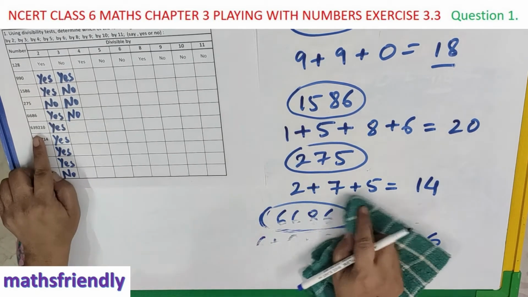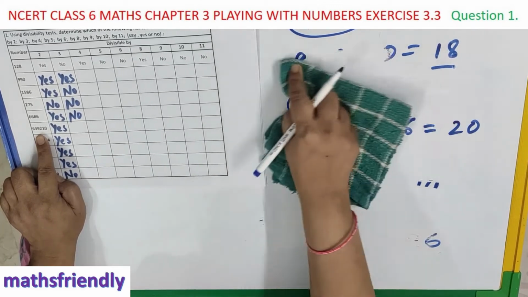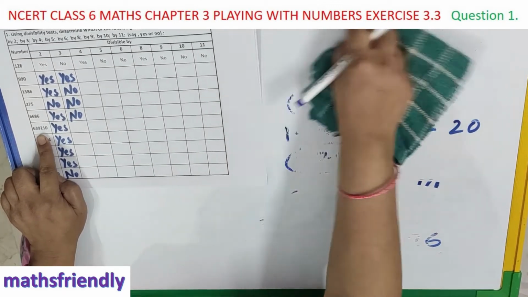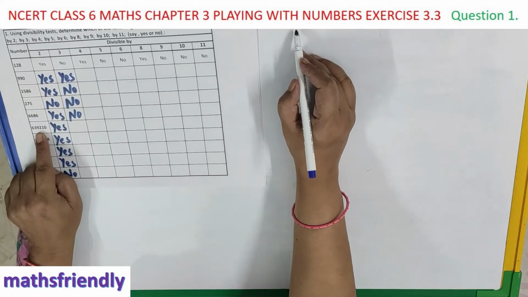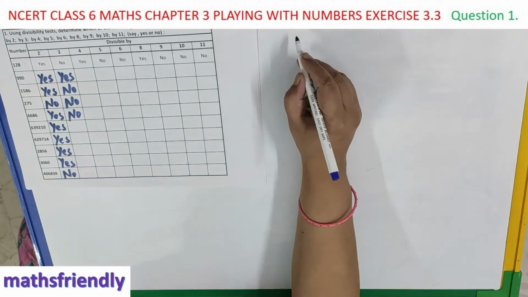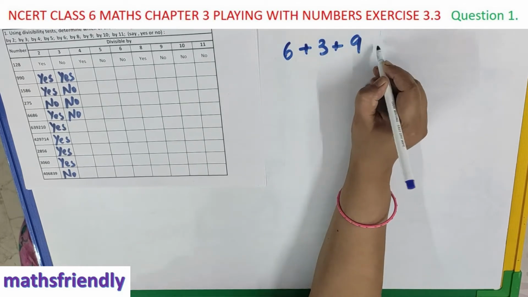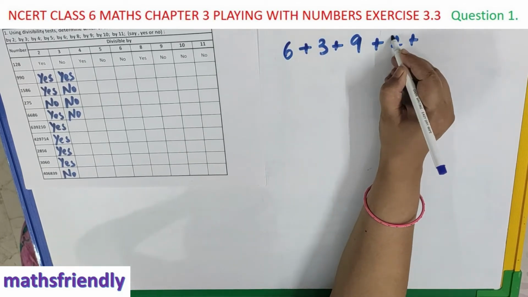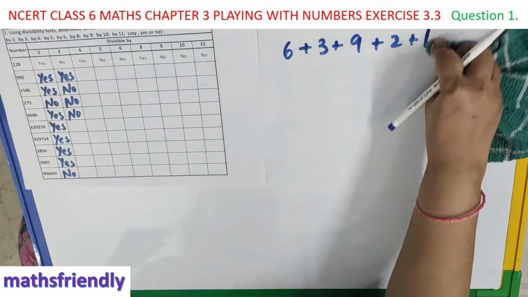The next number is 639210. To check the divisibility of this number by 3, we have to add the digits of the number.